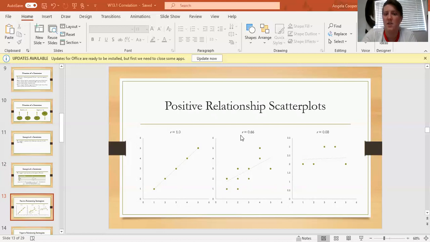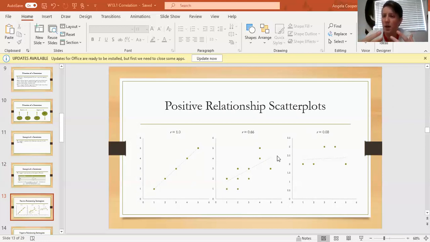So going to the next one over, where r is equal to 0.66, you'll see that they're not perfectly on that line. You can't draw a straight line and hit every single point like you could for the Pearson's r value of 1, but rather they're huddled. There's a line about right there, and that line is just the closest line to the data.